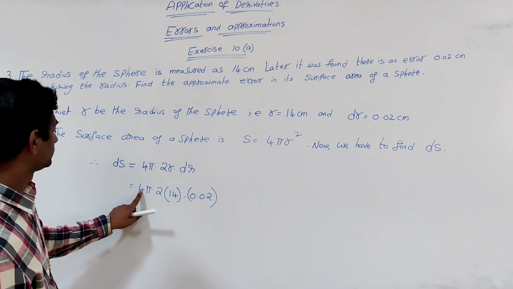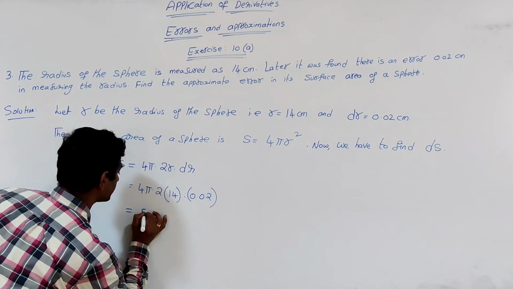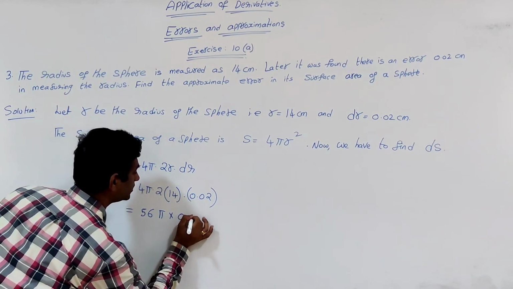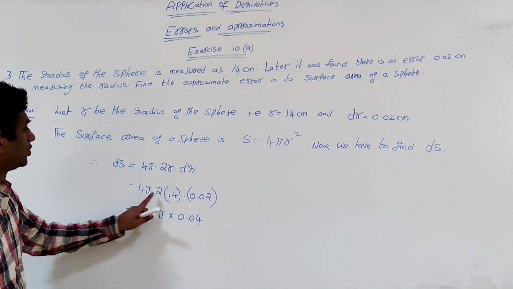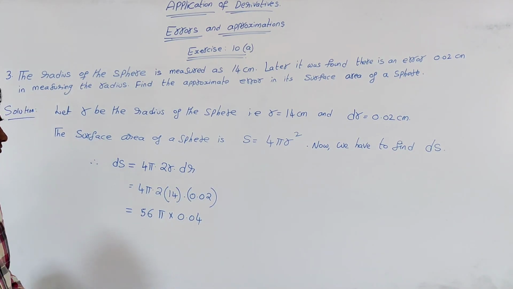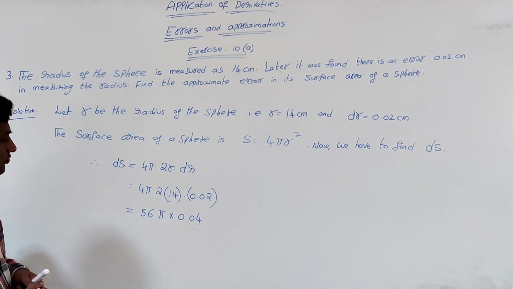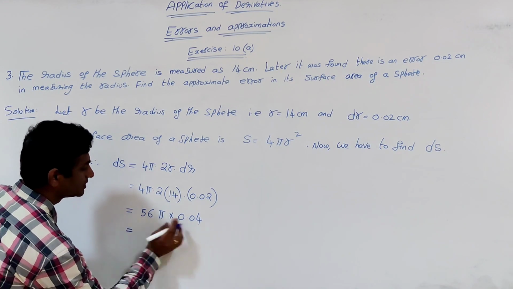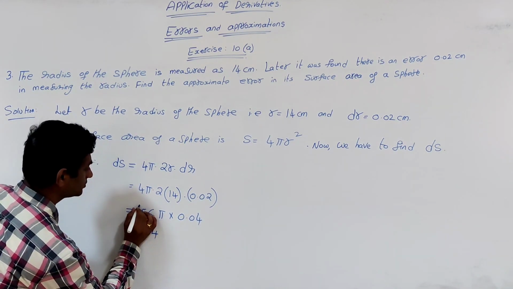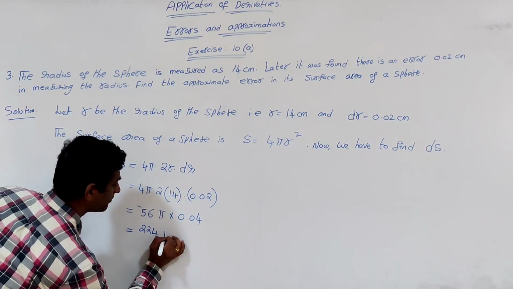So 4 into 14 gives 56. 56 pi into 0.04. 2 into 0.02 is 0.04. So 56 pi into 0.04, that gives 56 into 4 is 224 pi.